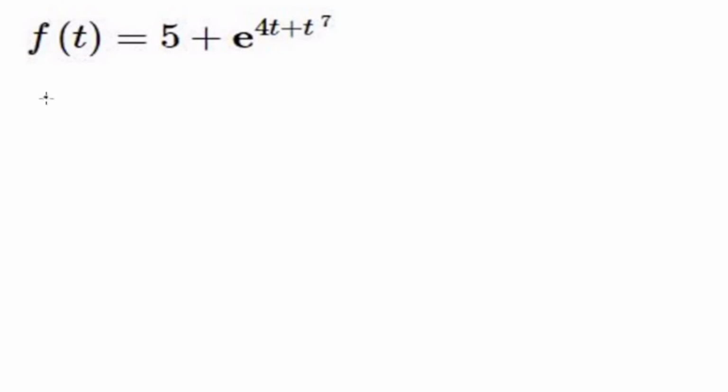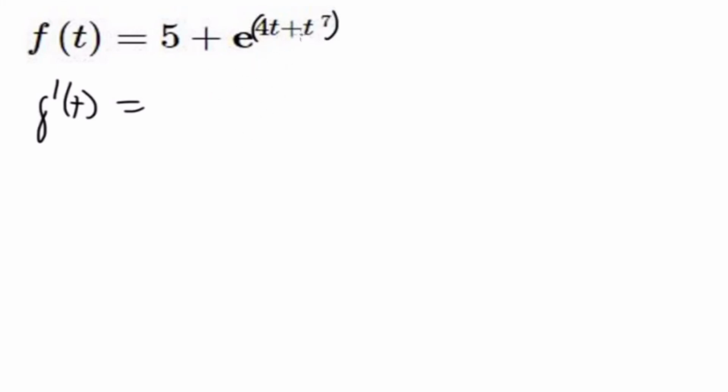Right, so what we do here is we're differentiating with respect to t. As you can see, this 5 doesn't have a t value, so this just goes to 0. So we can just forget about that and we can focus on this part. So what we do when we're having exponentials here is we forget that it's e, we take this bit here and we differentiate that.